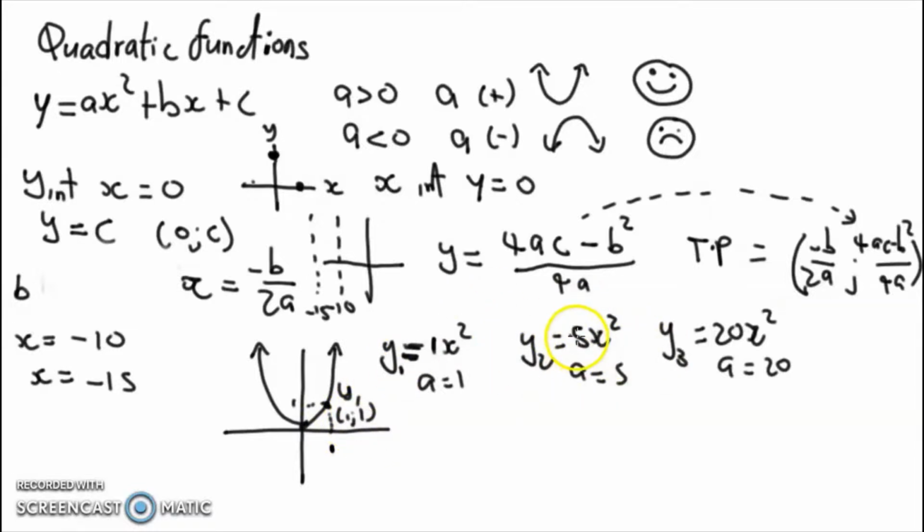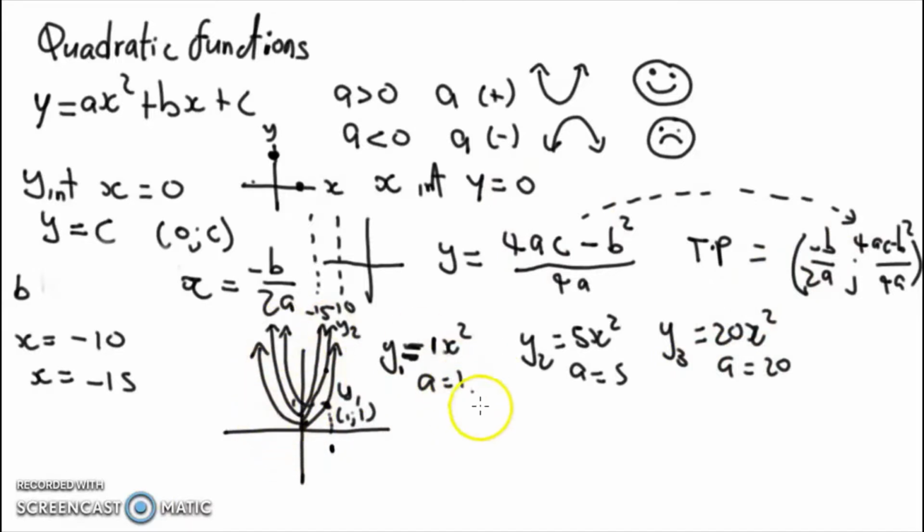But then look at this function y2. When you substitute x is equal to 1 there, you get a corresponding y value of 5. This means that for the same x value, you're going to have a point that's higher up. This means that your graph is going to look something like this now for y2. So this is y2. And also for y3, the graph is going to look something like this.